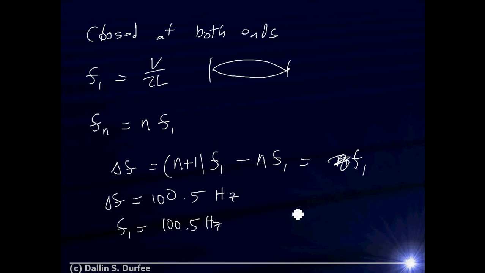So velocity is now just going to be f1 times 2L, which is 100.5 times 2 times 1 meter per second. So this just ends up being, again, 201.0 meters per second.